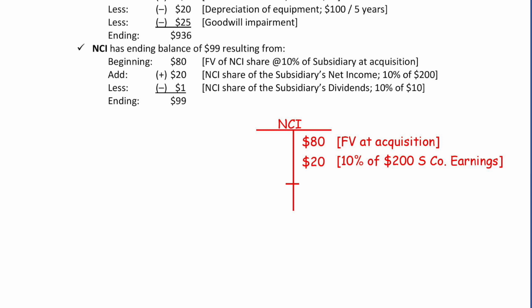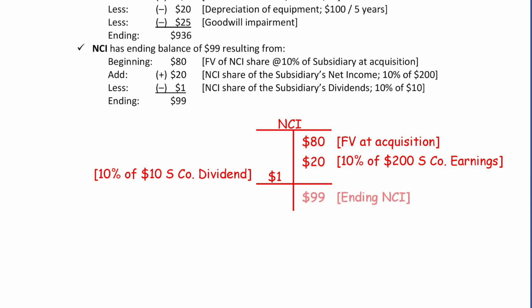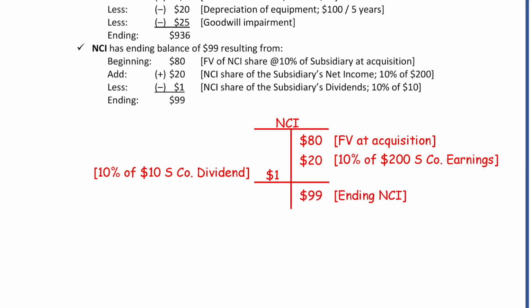So on the debit, write 1, which is 10% of $10 S dividend. So $80 plus $20 earnings minus $1 dividends, which goes into NCI. This calculates to $99 ending non-controlling interest.